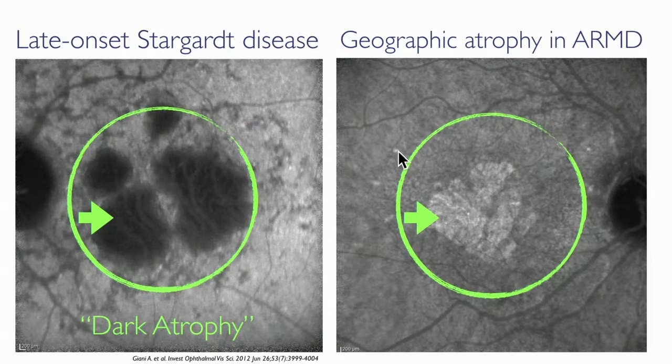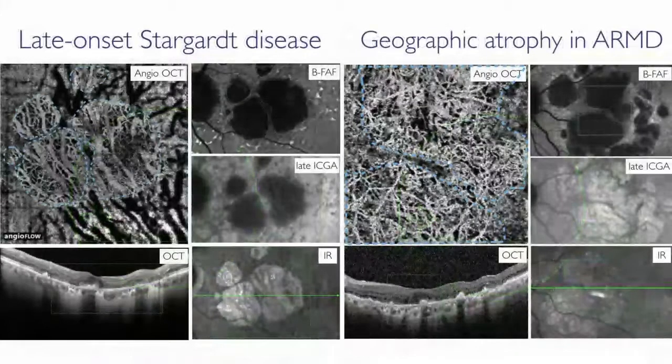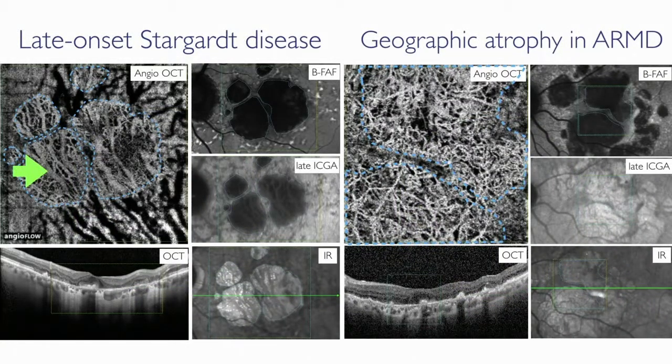This is also visible with the OCT-A. The presence of large choroidal layer vessels is very well visible in the central area of atrophy in late onset Stargardt, compared with no visualization in patients with GA, where some subtle layer of choriocapillaris can mask the normal large vessels.